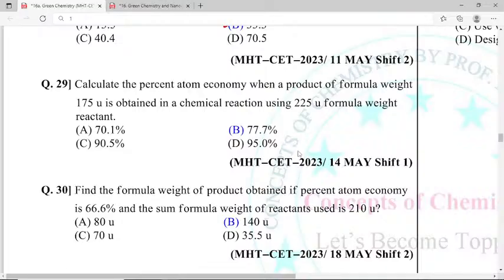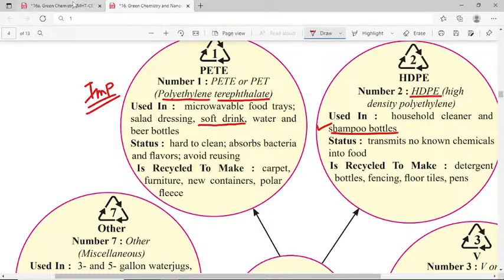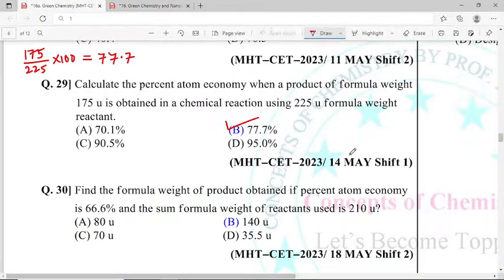So the calculation here is 175 divided by 225 multiplied by 100. So we'll get the answer 77.7. So option B is correct. BHC is written in your textbook as benzene hexachloride.